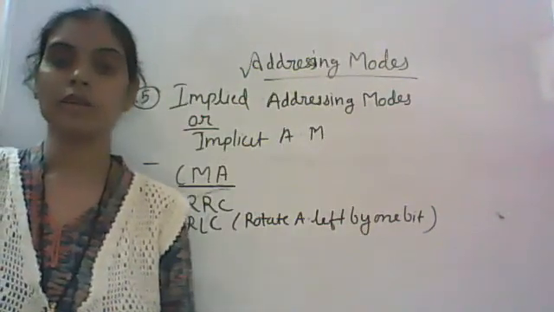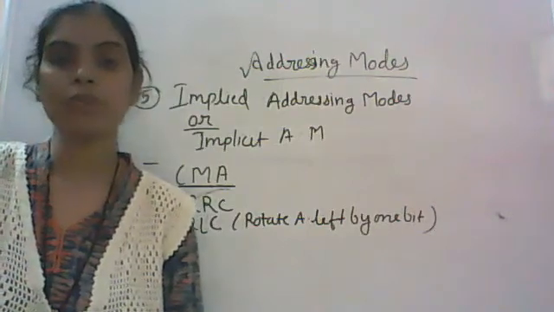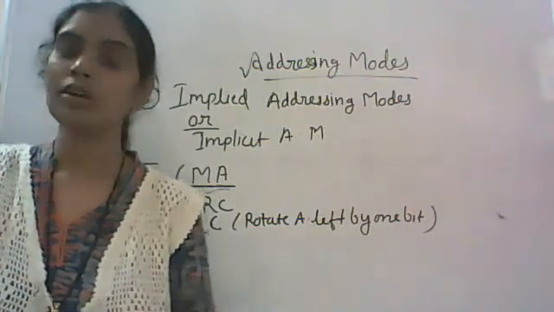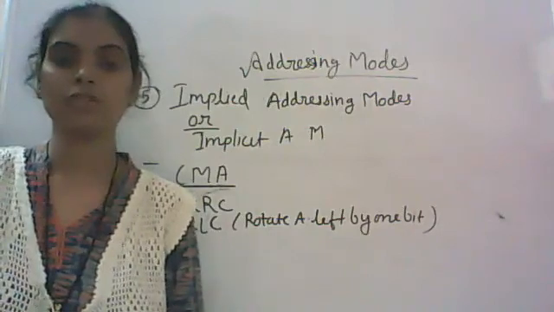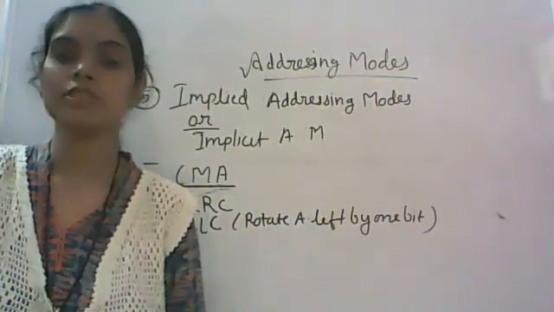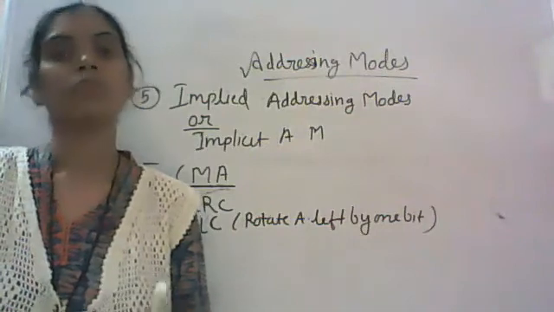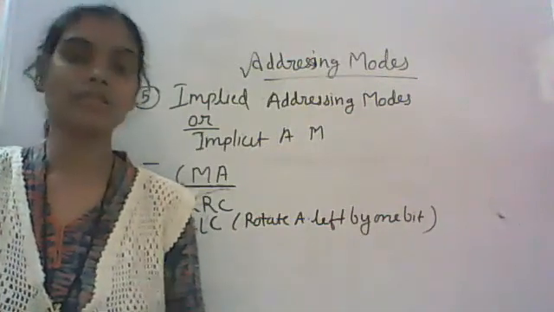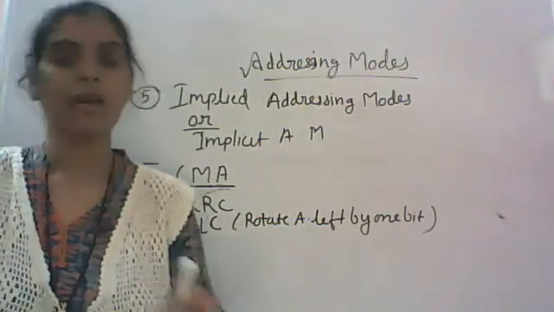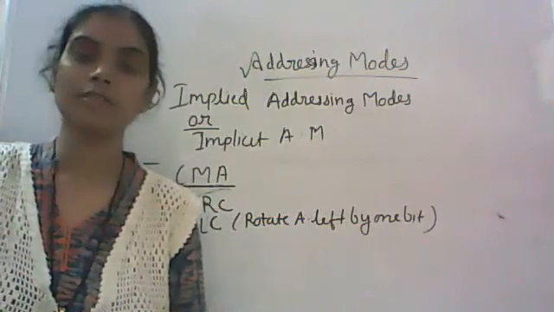In this addressing mode, data is immediately moved to the destination register. Then we see the register addressing mode. In register addressing mode, we use the registers only, as a source or the destination.